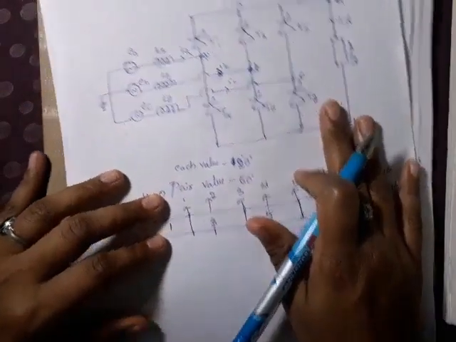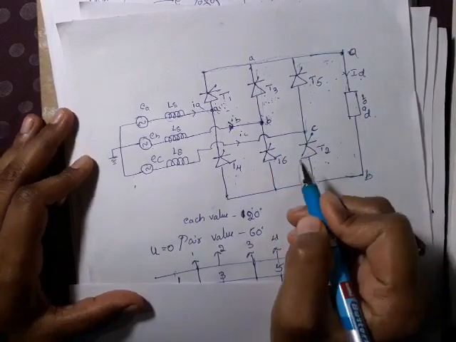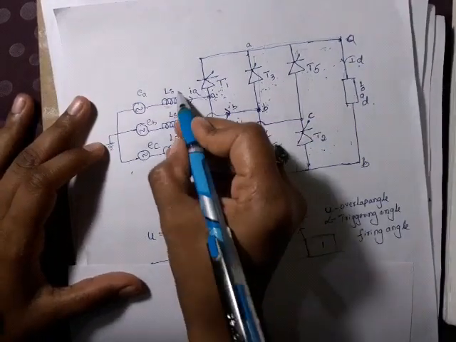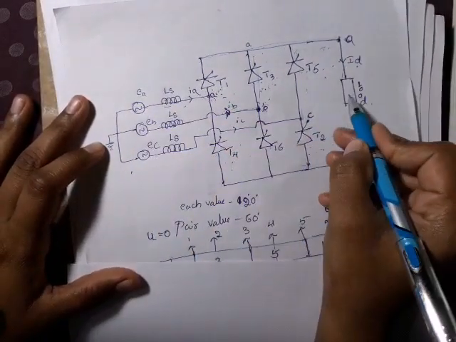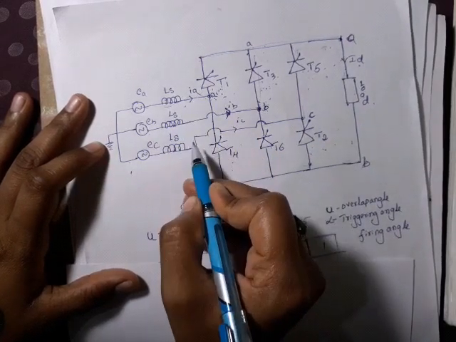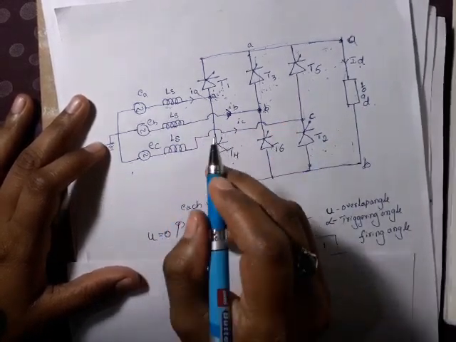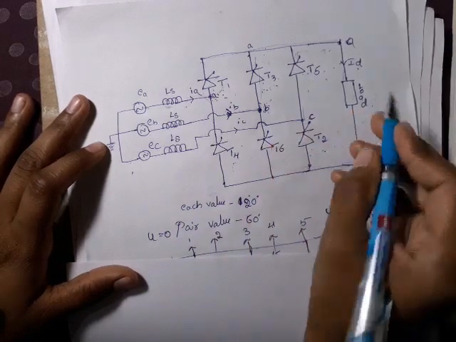So this is the thing. Now we'll look at the current. Can you see the circuit? See, this is the AC side, this is the DC side. Now I'll choose any one phase and write the current for it with respect to ID.